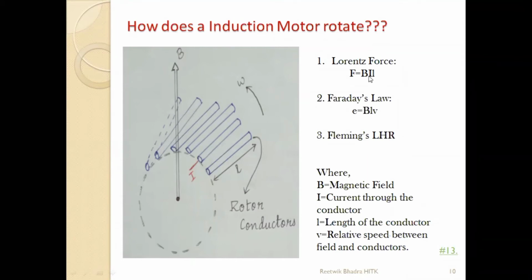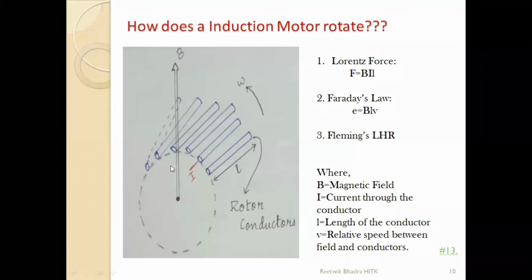If a current flows in the conductor and it is placed in the magnetic field, Lorentz force will act upon it and make these conductors rotate, and that direction of rotation will be given by Fleming's left hand rule. B over here is your magnetic field, L is your length of the conductor, V is your relative speed between field and conductors.